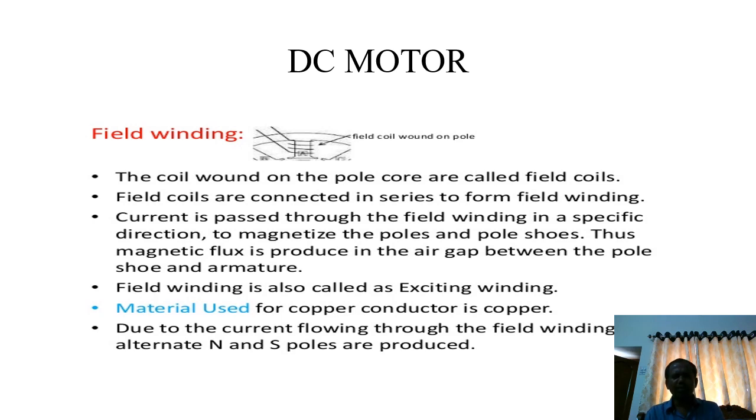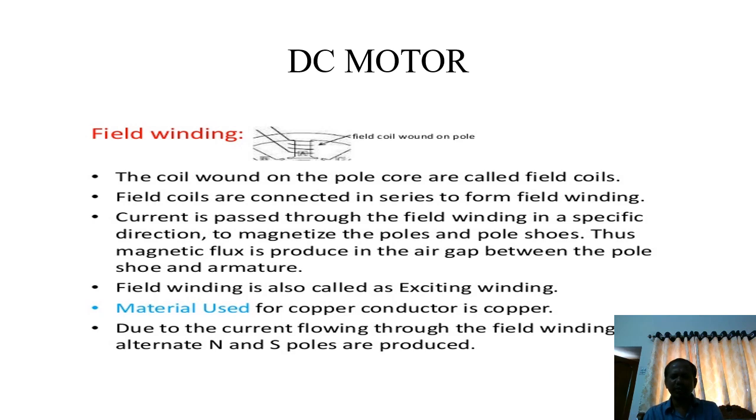The coil which is wound on the pole core is called the field coil. I can discuss a few points regarding the field winding. The coils wound on the pole core are called field coils. Field coils are connected in series to form the field winding.